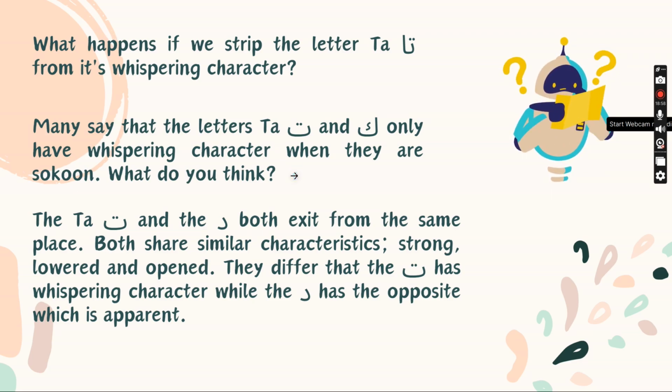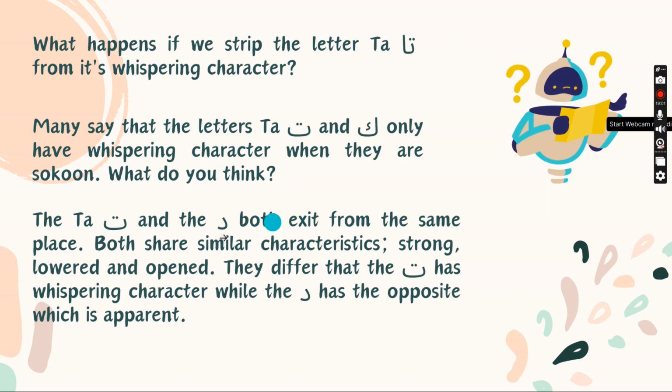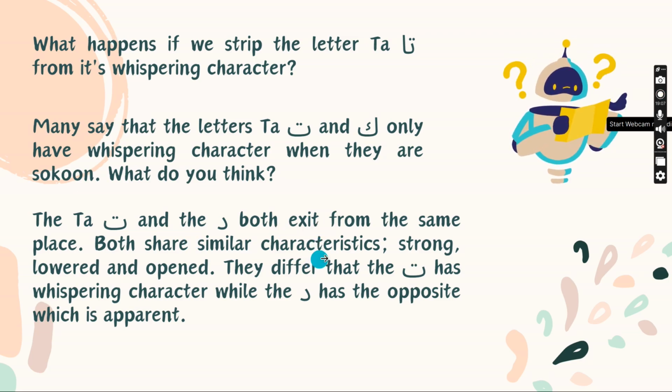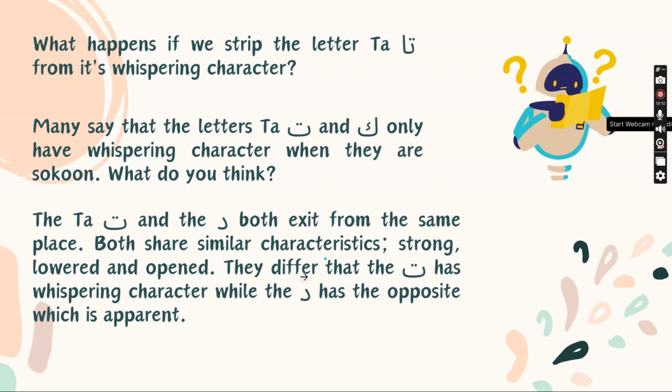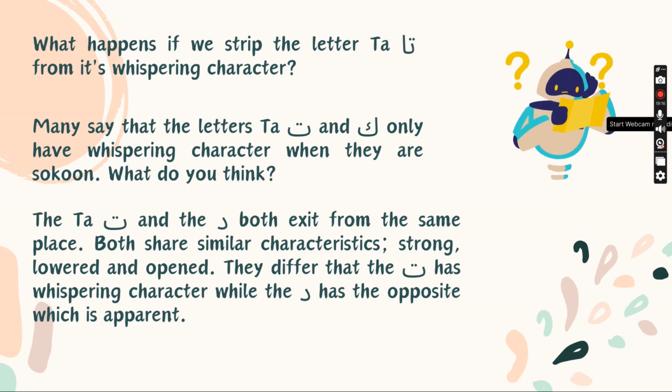This character is always with the ta and the kaf. Now the ta and the dal, they both exit from the same place, right? Both share similar characteristics. They are strong, they are lowered, and they are open. We're going to talk about this opening character. They differ in that the ta has whispering character, while the dal has the opposite, which is jahr.